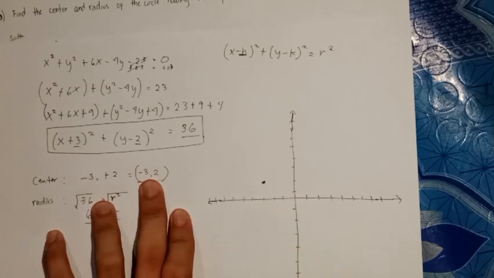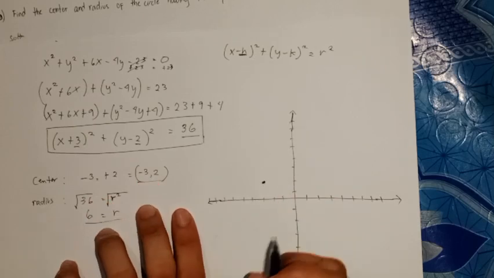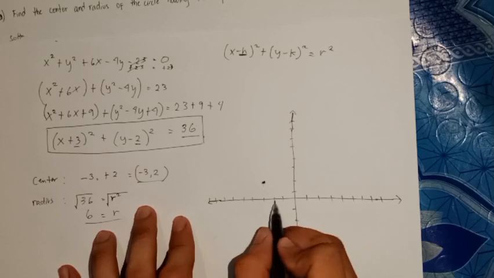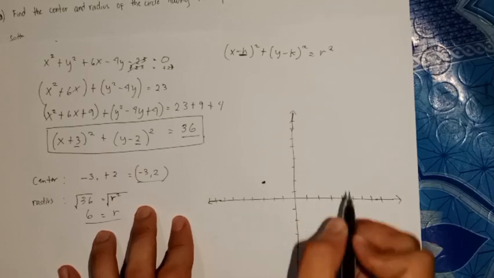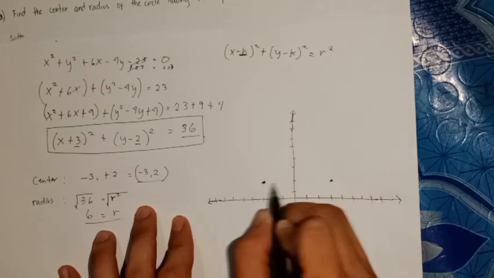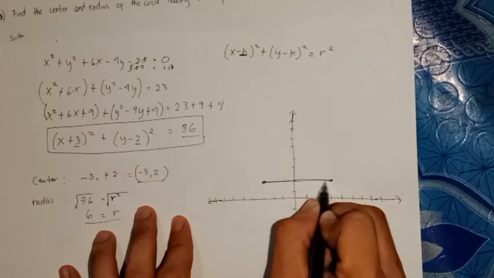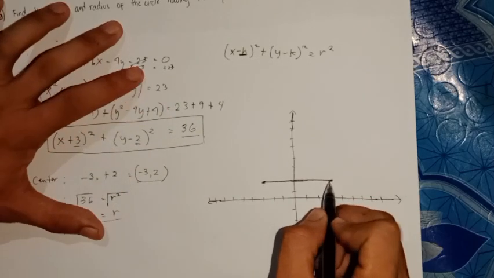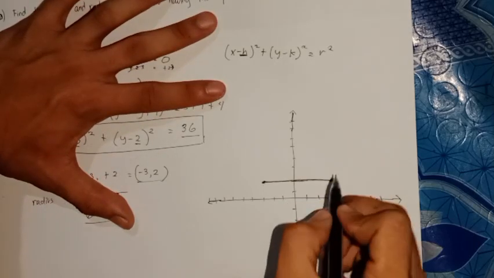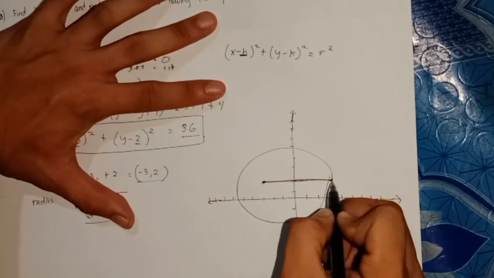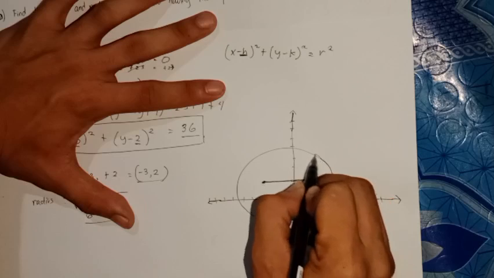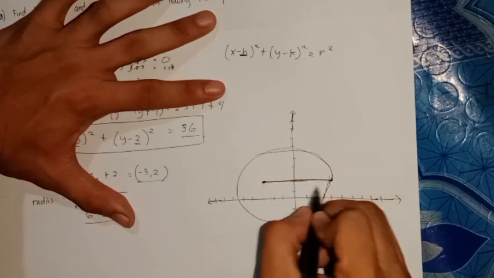Now our radius is 6. So 1, 2, 3, 4, 5, 6. This is our radius. Now the circle looks like this. This is the center and this is the radius.